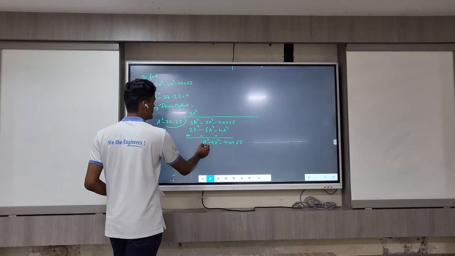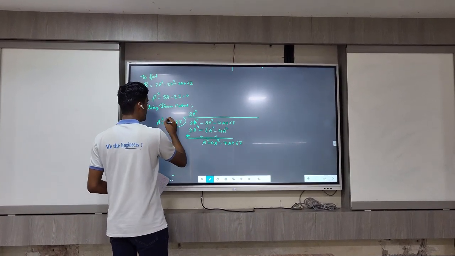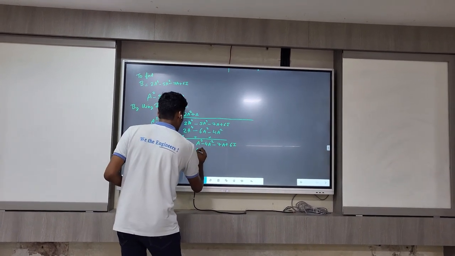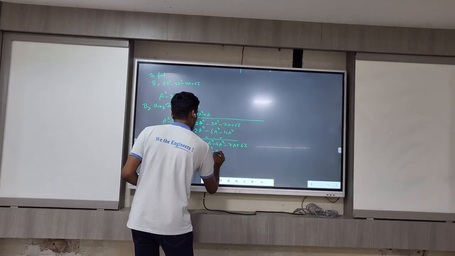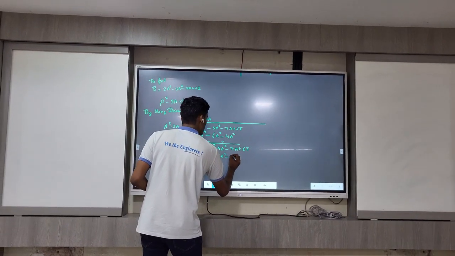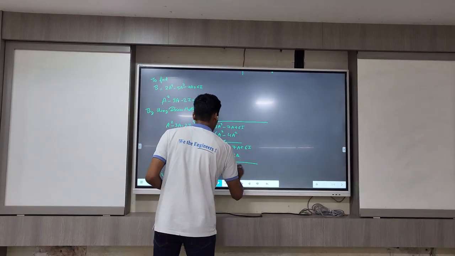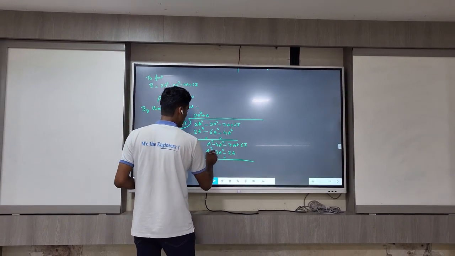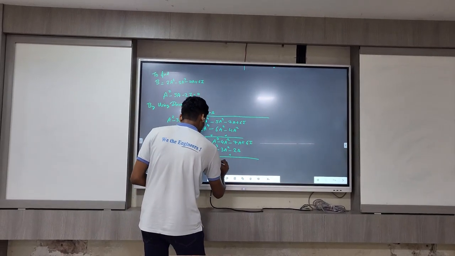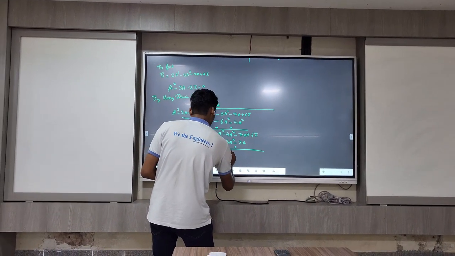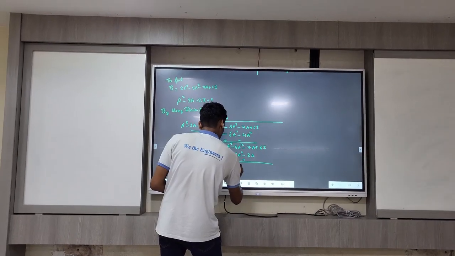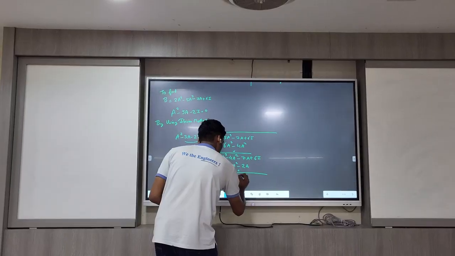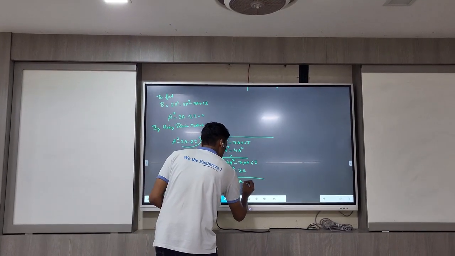So now there is a term of A cubed. So we will multiply A with the whole equation. We will get A cubed minus 3A squared minus 2A. This will get cancelled again, and this becomes minus 7A. Also, this will become minus 5A, and this 6 is minus 9.